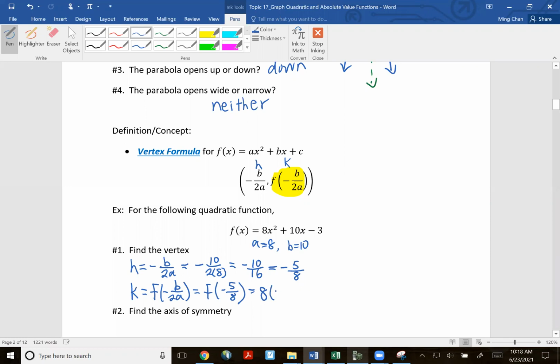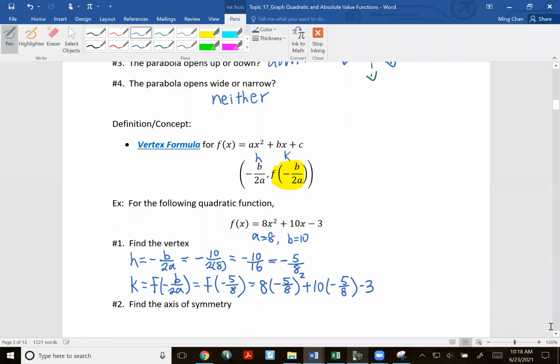So that will be 8 times negative 5 over 8 squared plus 10 times negative 5 over 8 minus 3. Basically, to find the y value, all I've got to do is substitute my x value back into the function. So I input the x value of the vertex, and the output will be the y value of the vertex.